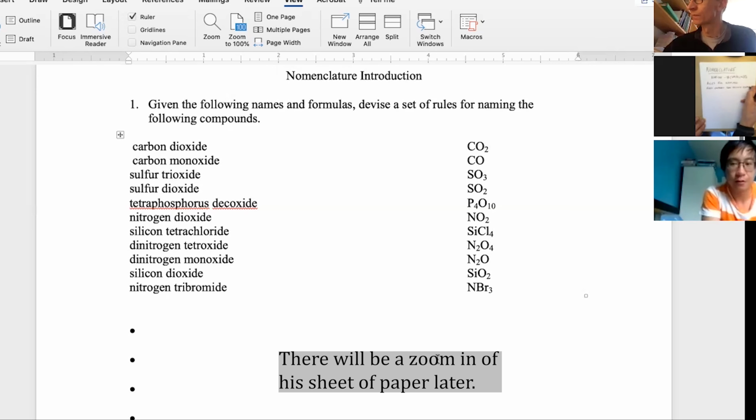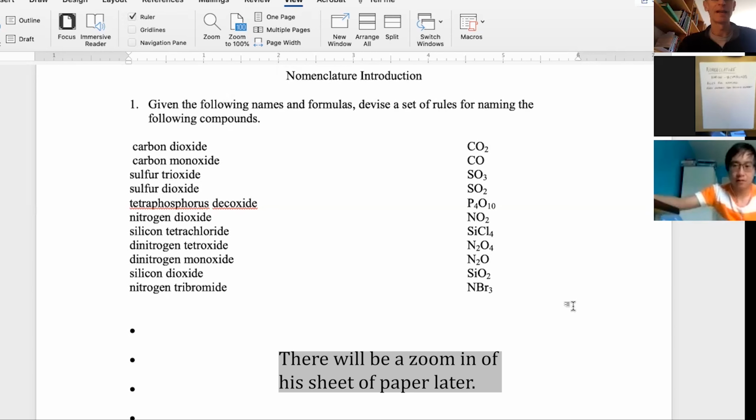And those work out together. So your rule is either put the name of the first element first, put the name of the second element second, and maybe put the name of the third element third, right? Name it in the order that it comes. Okay. So I wrote that down on my piece of paper.